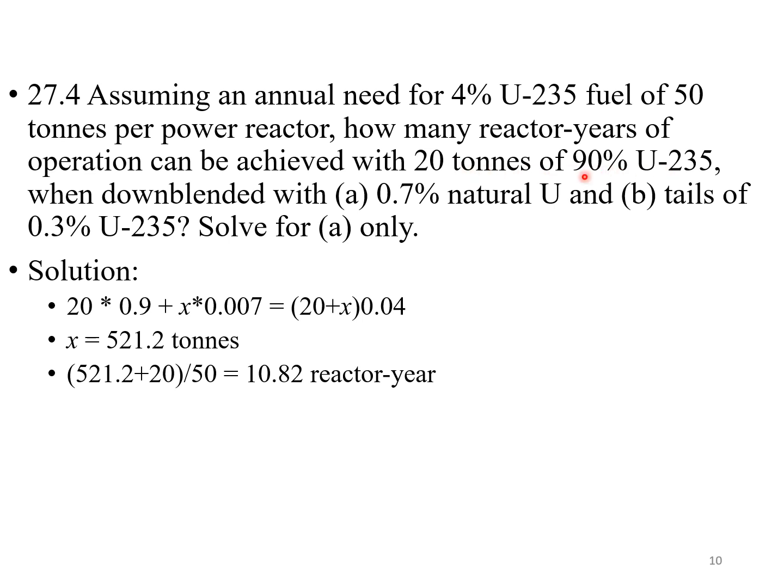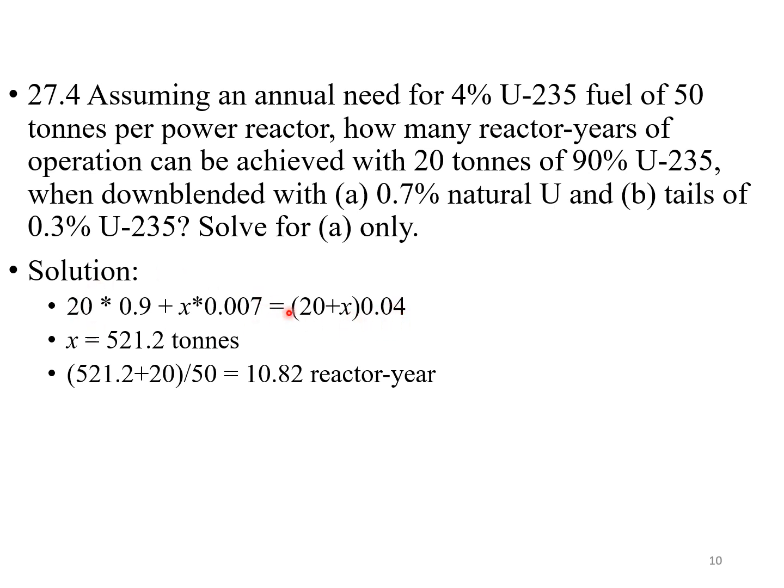Plus x, the total mass of the natural uranium, times the 235 enrichment, that is 0.007, is equal to 20 tons plus this x, times 4%, because the product is 4%.